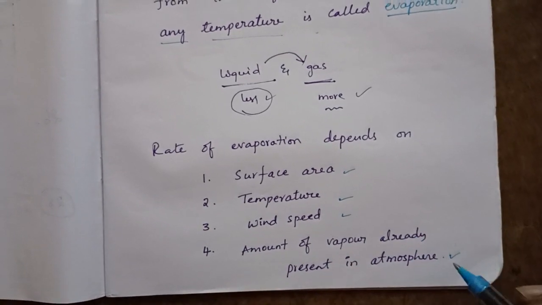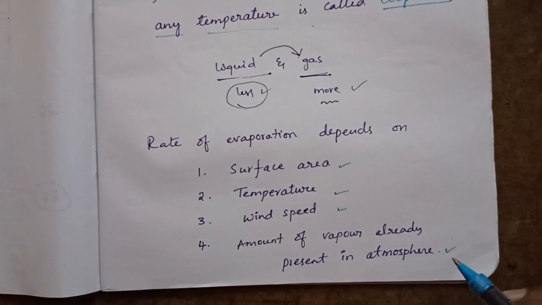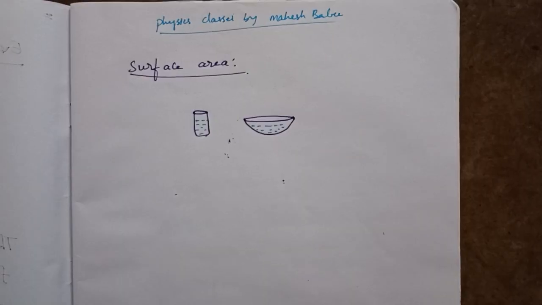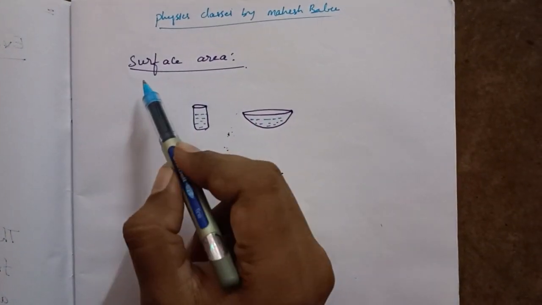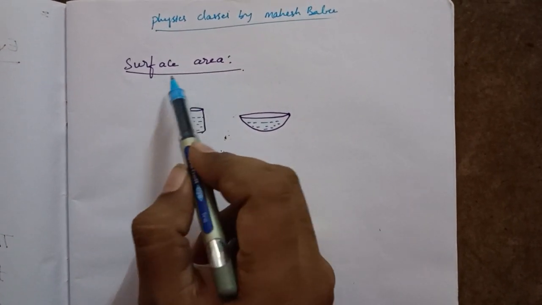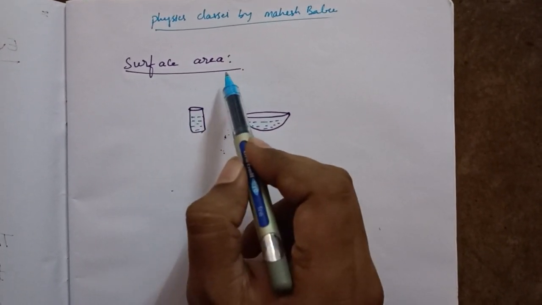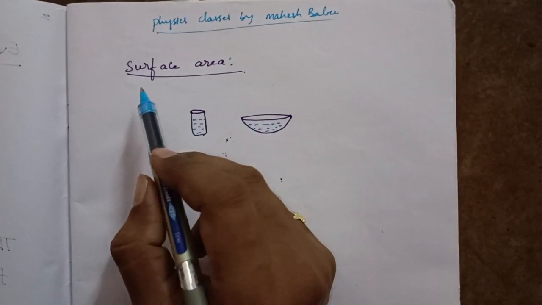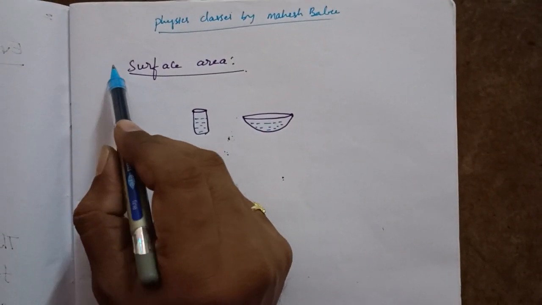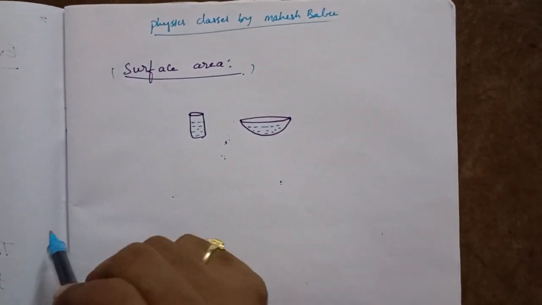For each we should write activities. Now first, the rate of evaporation depends on surface area. They'll ask to write an activity to show that the rate of evaporation depends on surface area.